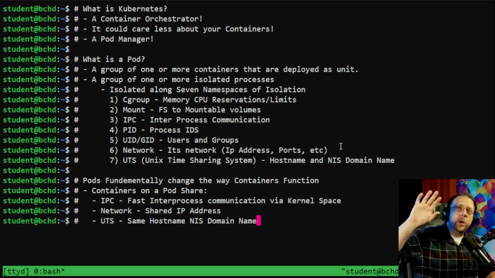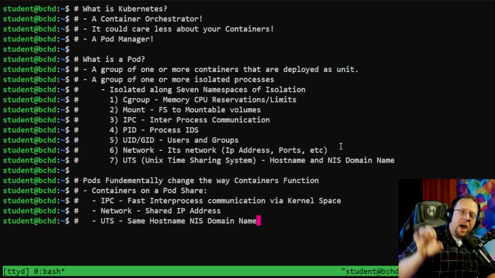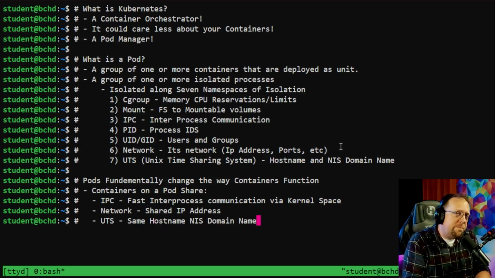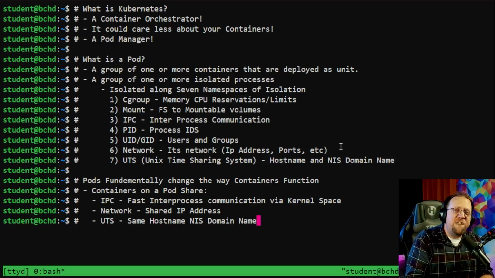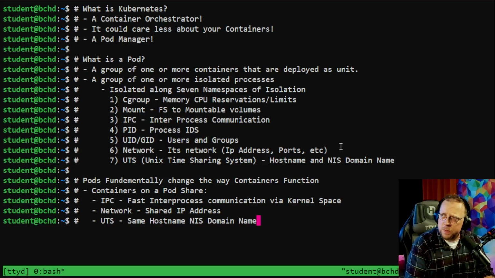So now all of the containers that are on a pod together are fundamentally changed. They are able to communicate with one another via the kernel space for fast data moving. They're able to have the same IP address, and they will have the same host name. They will have the same IP address. Just to be very clear about that.